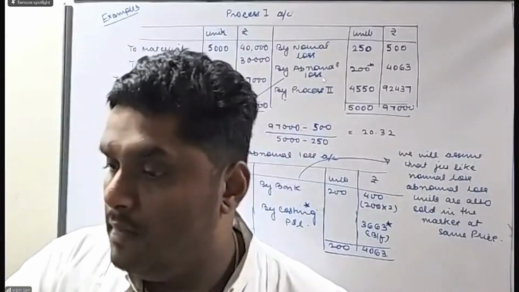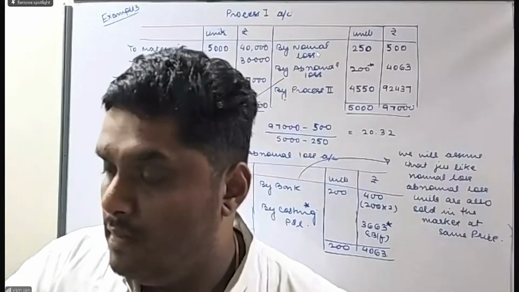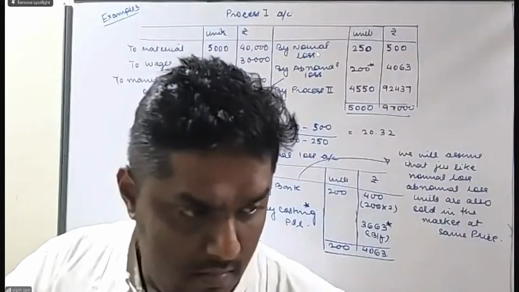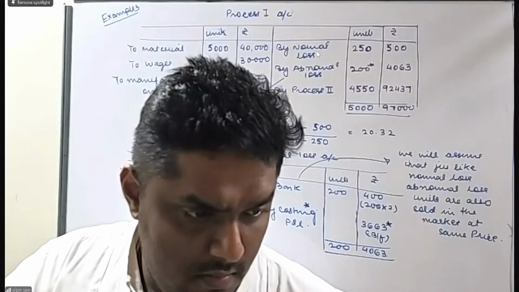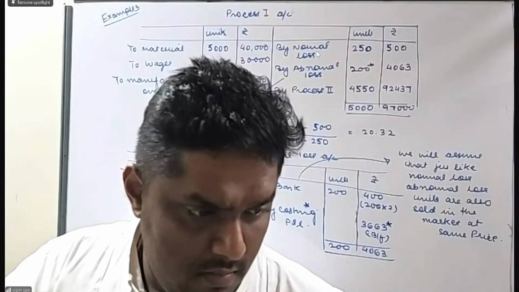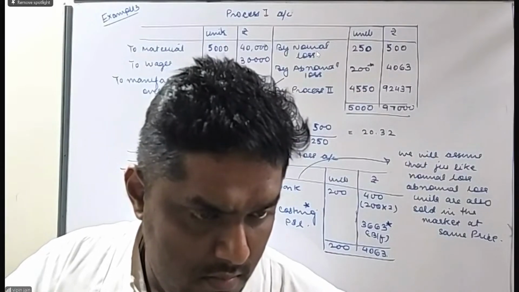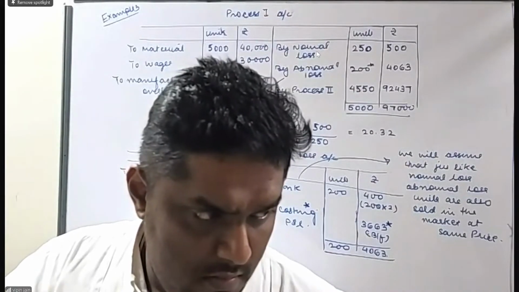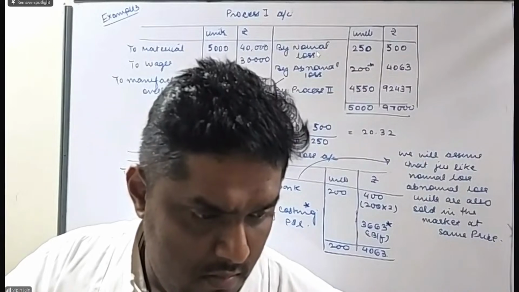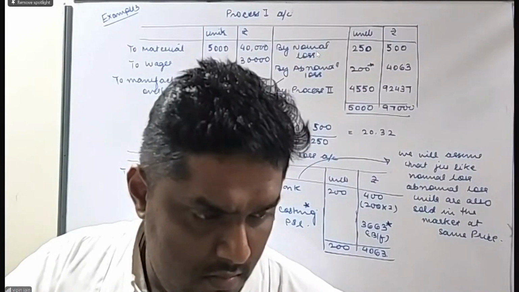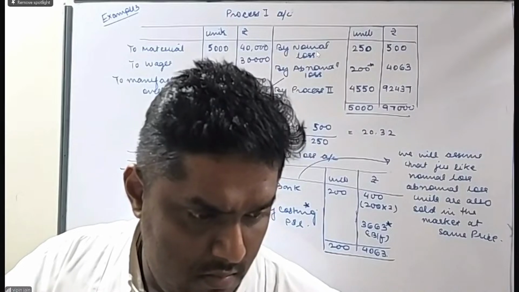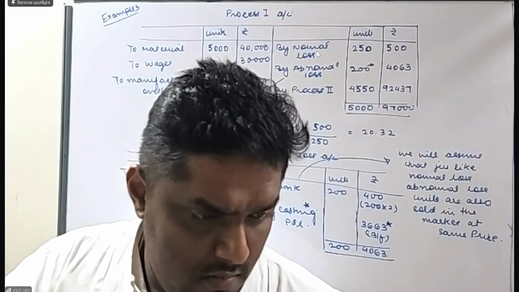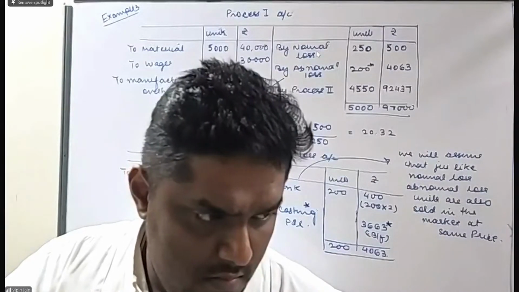So this chapter, process costing, is all about the process followed in manufacturing companies. Some of the important points to remember in this chapter are calculation of equivalent unit along with the treatment of all losses or gains, like normal loss, abnormal loss, or abnormal gain.